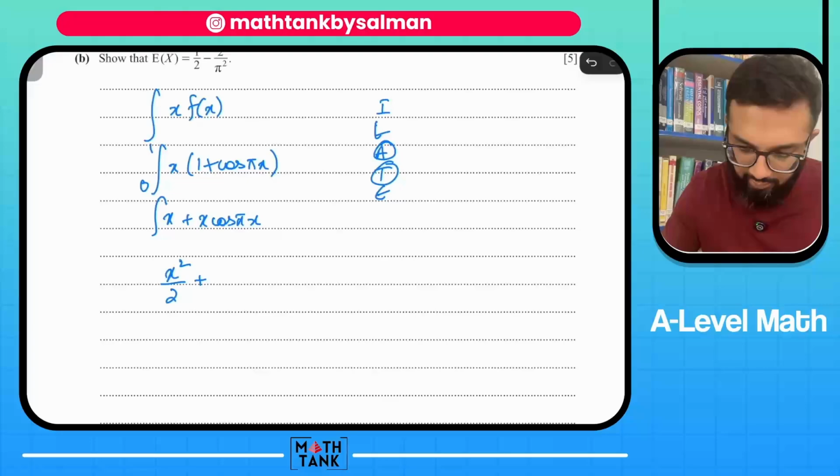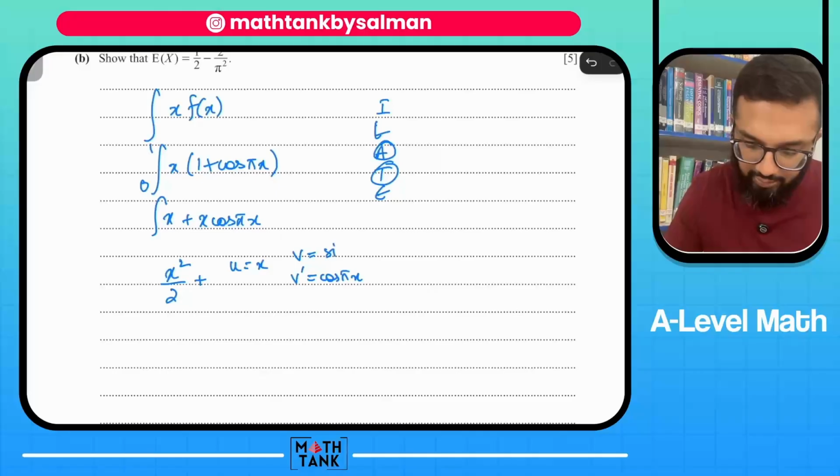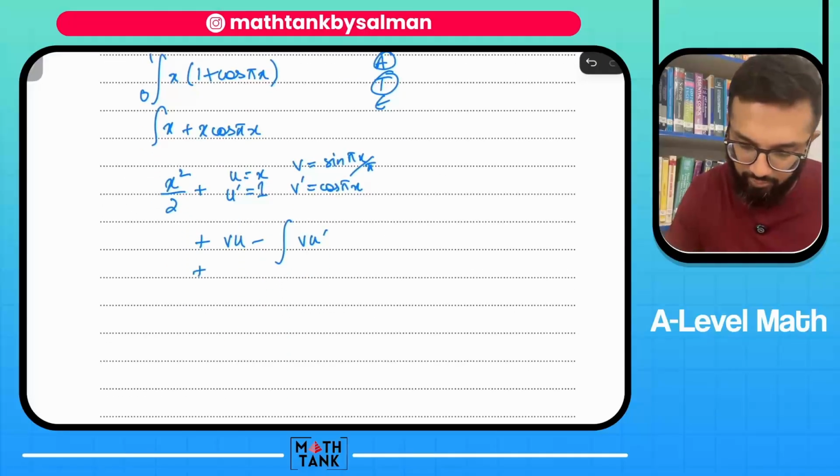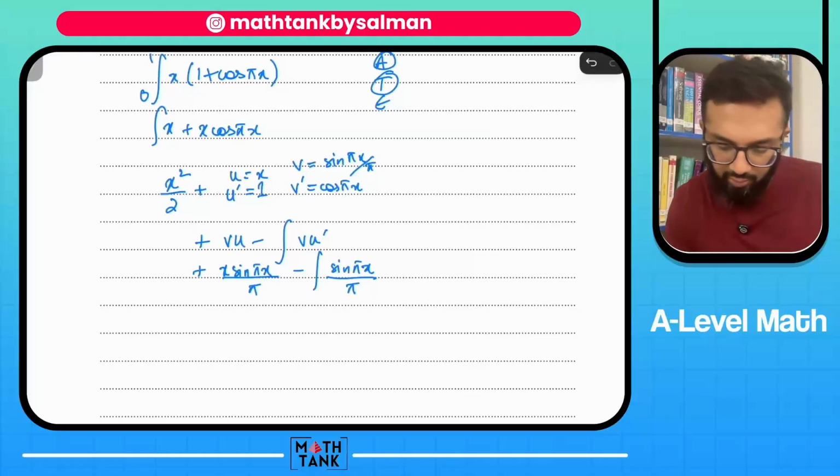Algebra, trigonometry, use integration by parts. Let u be x. v dash is cos pi x, v is sine pi x over pi. u dash is 1. So uv minus the integration of v u dash. uv is x sine pi x over pi, minus the integral of sine pi x over pi into 1.